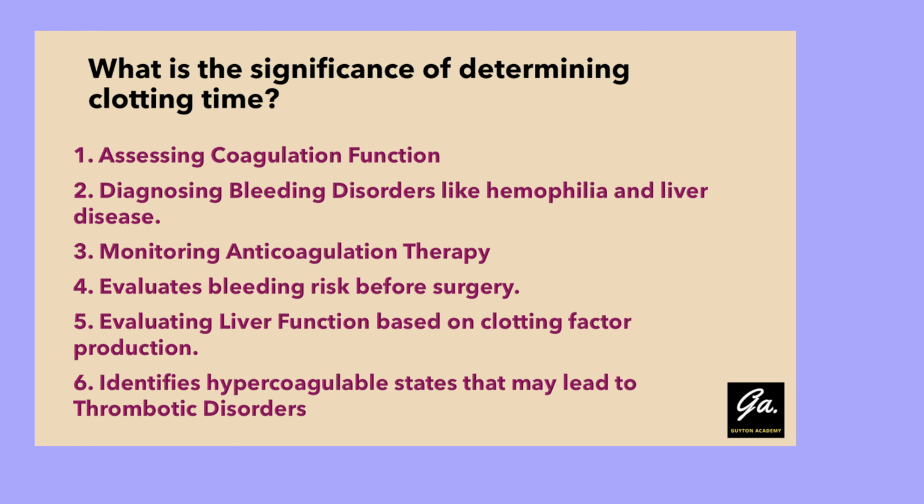As you know, lots of the clotting factors are produced by the liver. It also identifies the hypercoagulable state that may lead to thrombotic disorder. Sometimes there is hypercoagulation, which means the clotting occurs very rapidly, which indicates thrombotic disorders. So because of all these reasons, we can perform the clotting time.